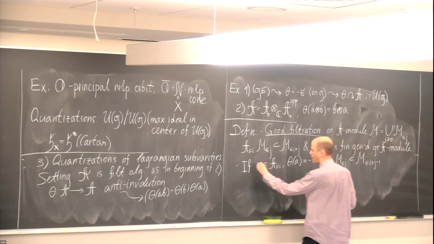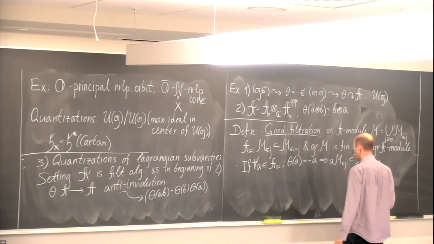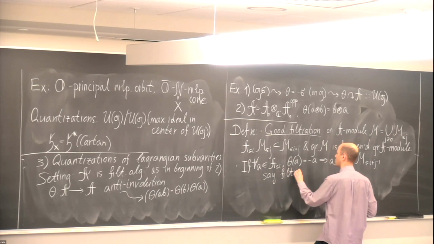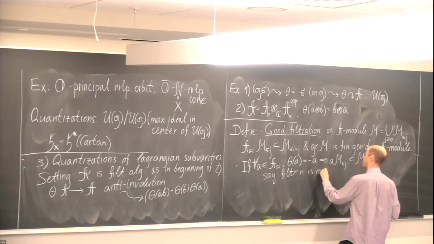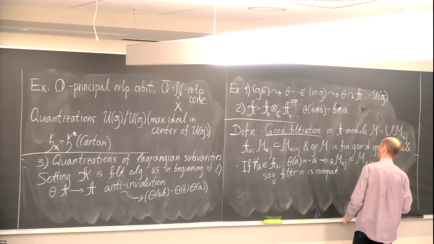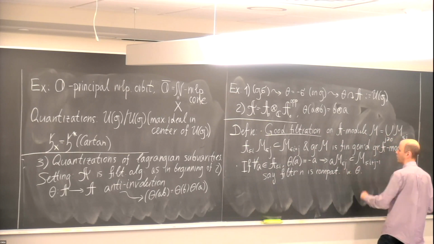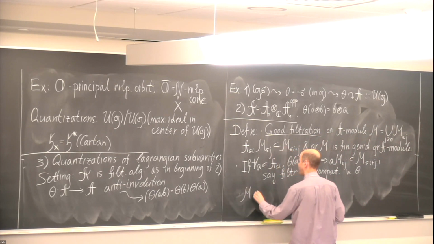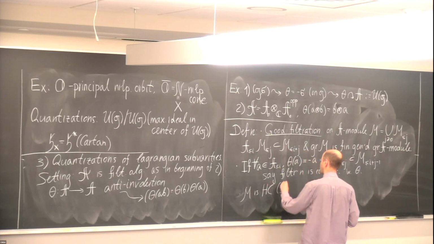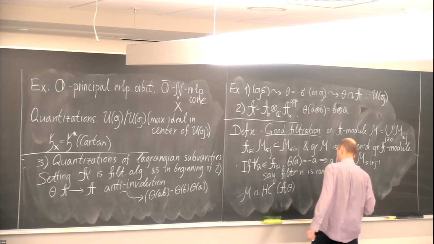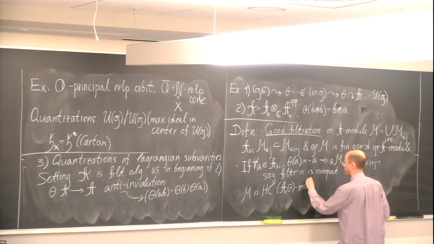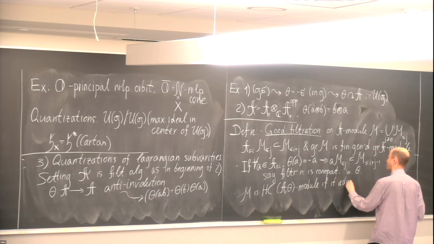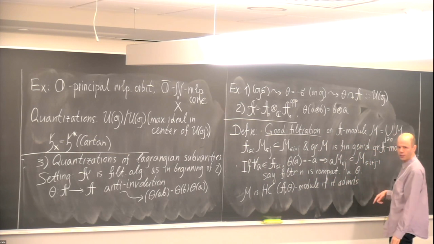So if for all such a this condition is satisfied, then I say that my filtration is compatible with theta. And then I say that M is Harish-Chandra if it is an A-theta module that admits such a filtration, a good filtration compatible with theta.